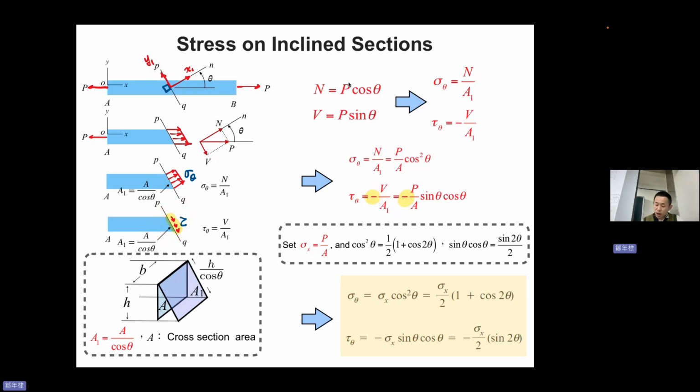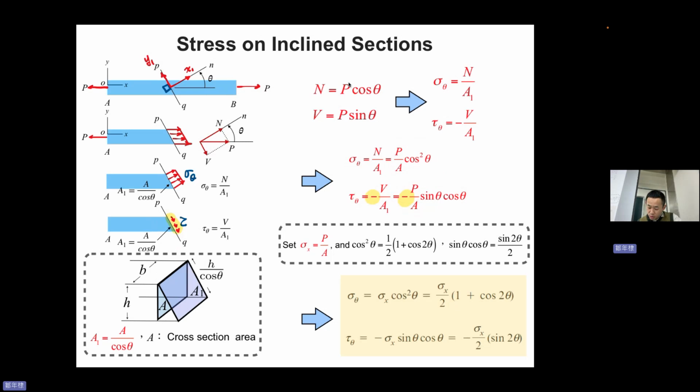So when you have all the positive direction, positive assumption, it will automatically introduce the shear in the negative sign. Okay, so minus sign. Don't forget this. So now your sigma theta and tau theta equal to this one and that one.